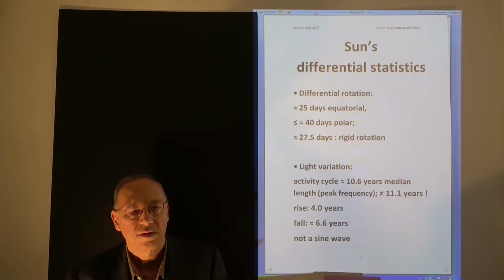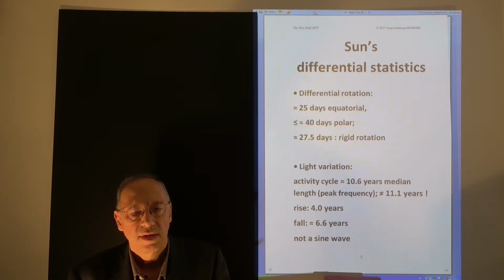The Sun's differential statistics are a little bit more complex. There is in fact differential rotation in the solar ball, only 25 days at the equator and about 40 days near the poles.